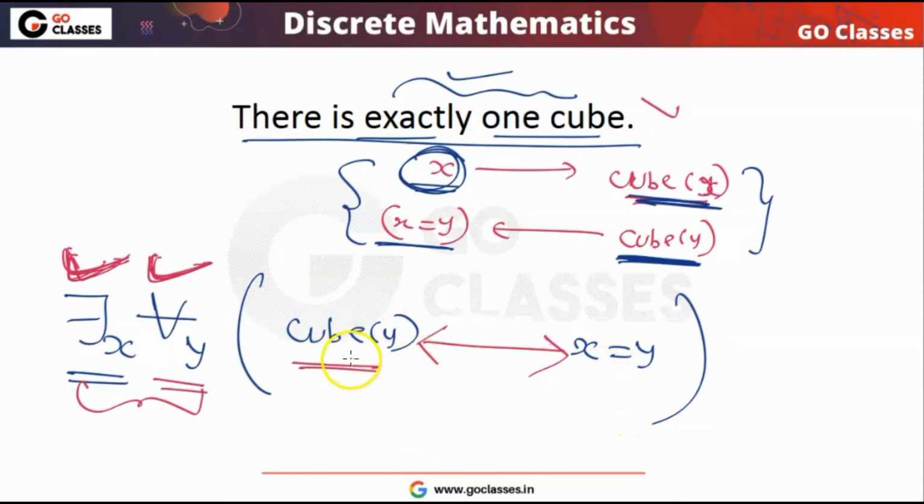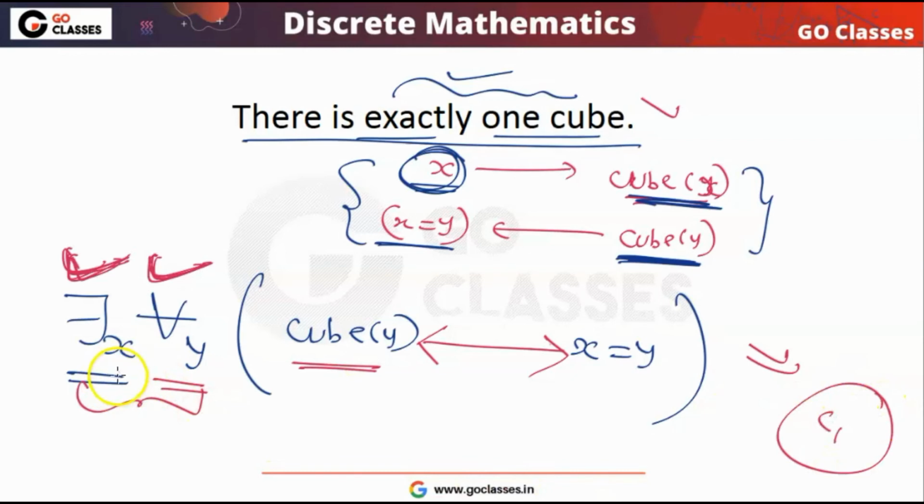You can notice that this statement will be true when there is exactly one cube. So when there is exactly one cube, what will happen? Let's assume there is exactly one cube, C1.